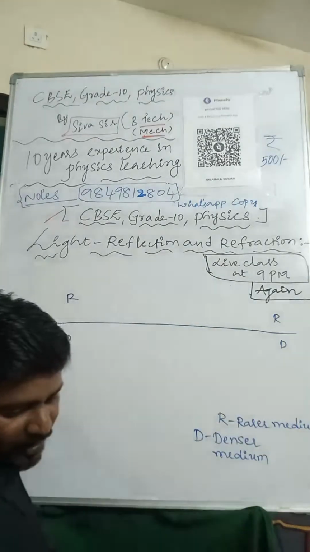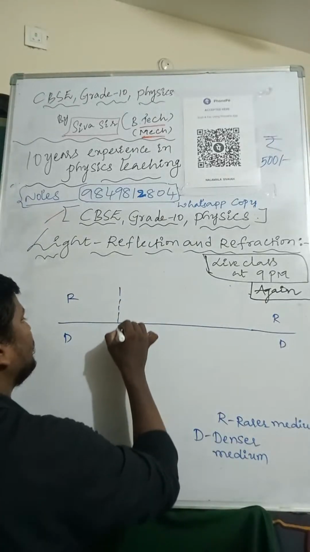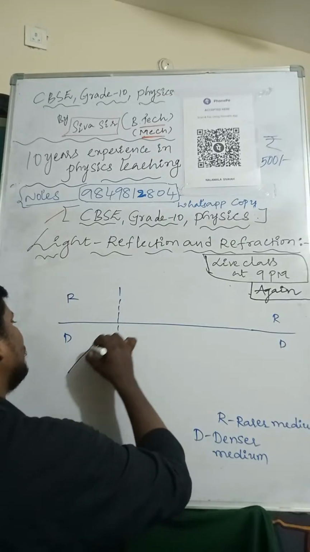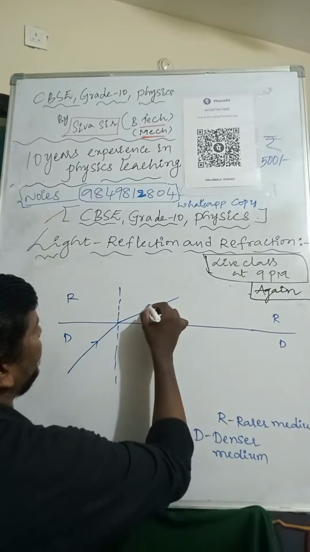R is the rarer medium, D is the denser medium. If the light ray is moving from rarer to denser, so I am taking it like this. What happens generally? It moves away from the normal line.